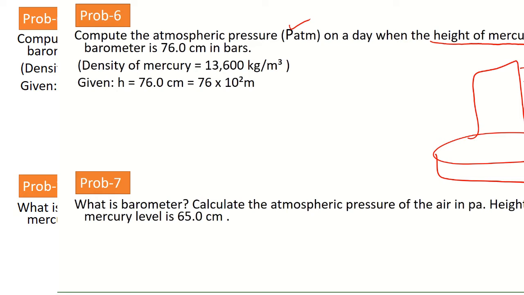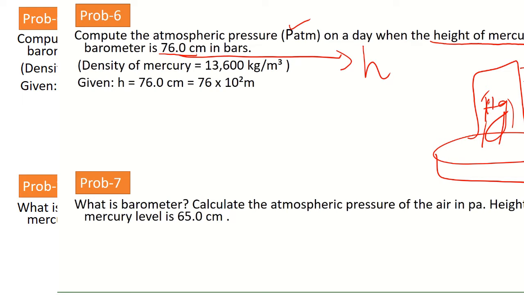The question is saying the height of the mercury, inside this the mercury is going up like this, and this is 76 centimeter. So this is the value of the height of the mercury, the value of H, in bars.